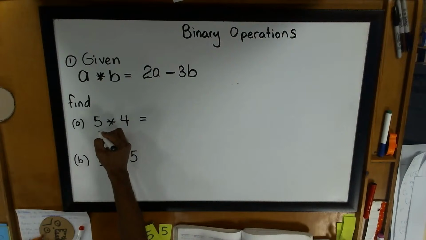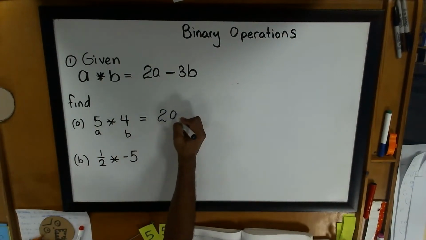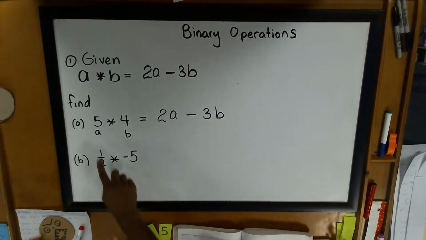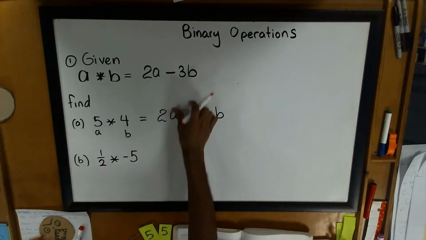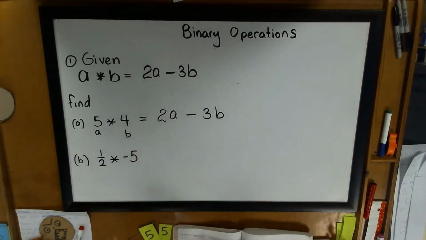The first letter is A, the second letter is B. So remember, this was the equation the examiner gave you. All he wants you to do is go to this equation. Anywhere you see an A, replace it with a 5. And anywhere you see a B, replace it with a 4.